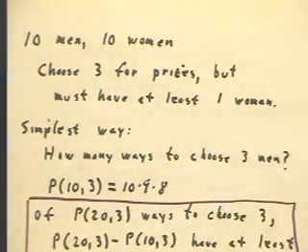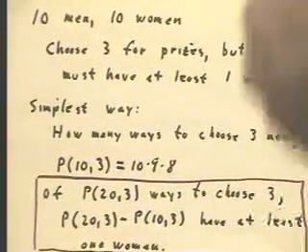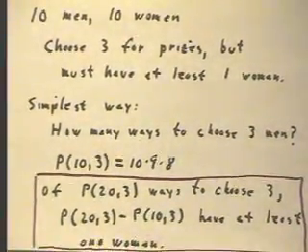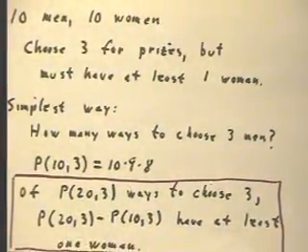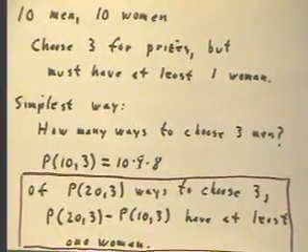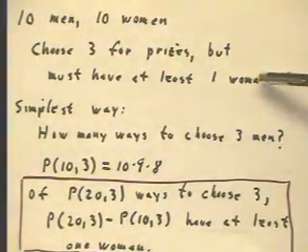Let's do a slightly more complicated problem. Let's say we've got 10 men and 10 women in a group, and we want to choose 3 people for prizes, but we want to be really sure that at least one of those people is a woman.